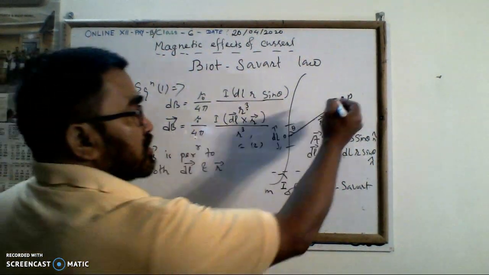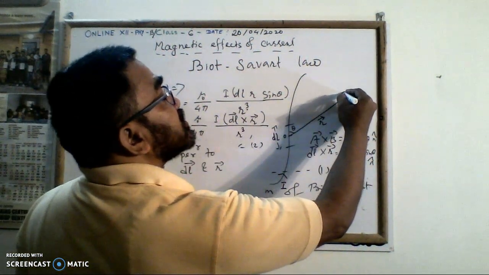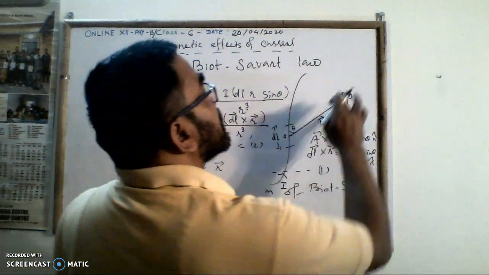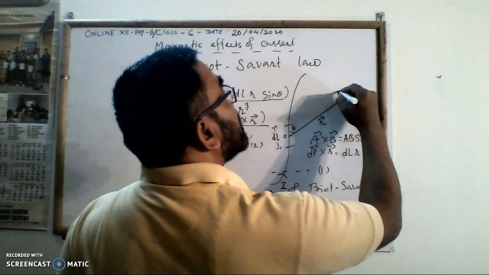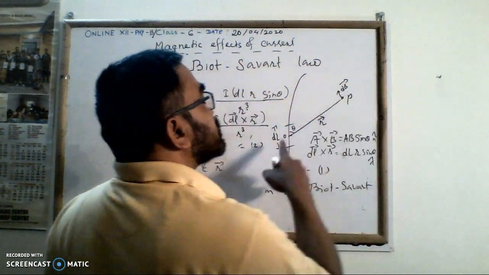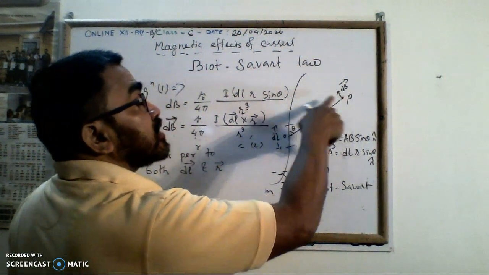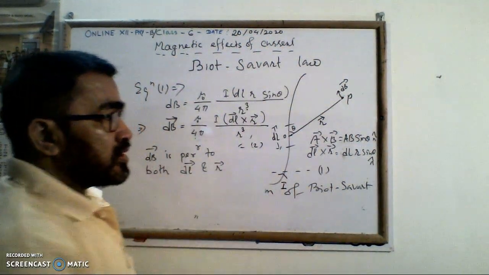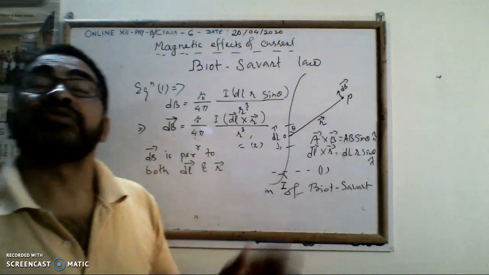Here you will find dB in such a way that it is perpendicular to both the r vector as well as the dl vector on this conductor.